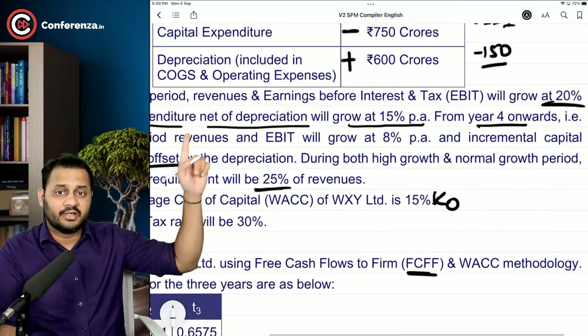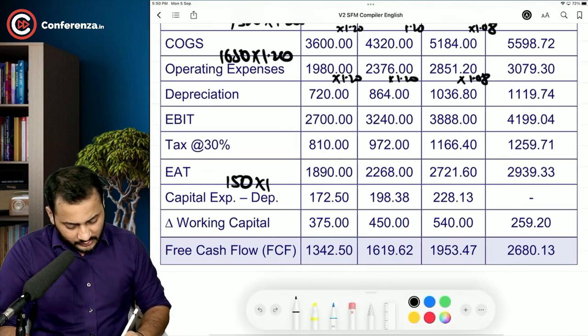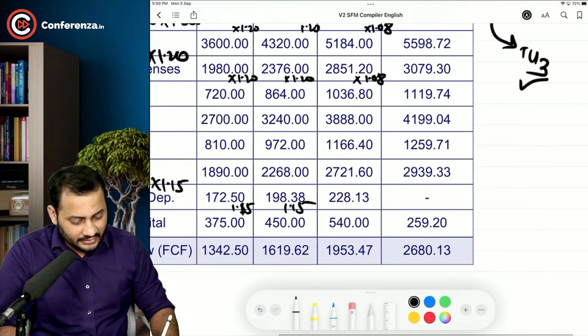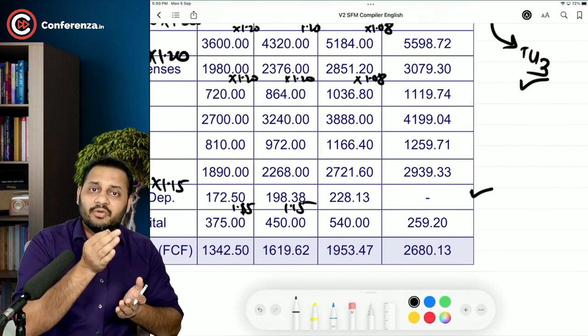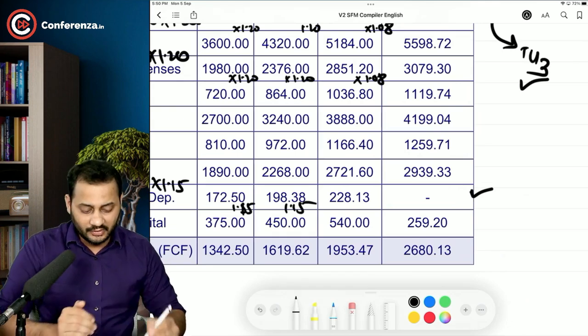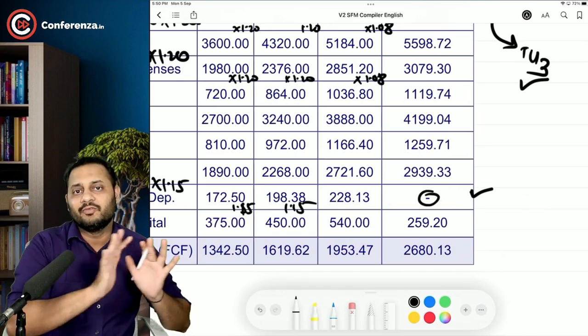Sorry, 15% is the growth in that. So 1.15, 1.15, and you can clearly see that after 3 years the depreciation and capital expenditure amounts are equal. That's why adding the same amount and deducting the same amount will result in 0. So in the terminal year it will be 0.